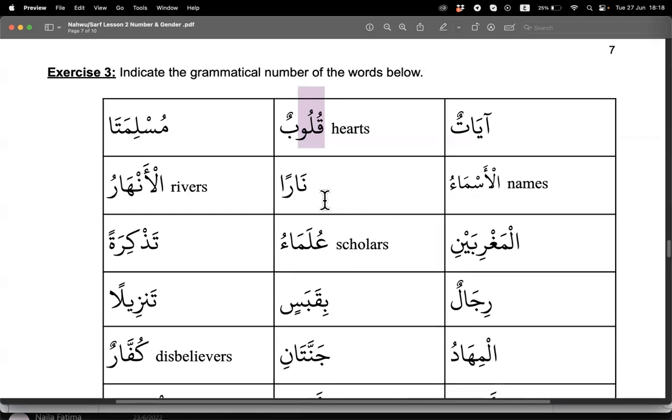What about Naron? Naron is nasab. Number? Singular, dual or plural? If I never put the meaning, the meaning is not important, meaning it's not plural.